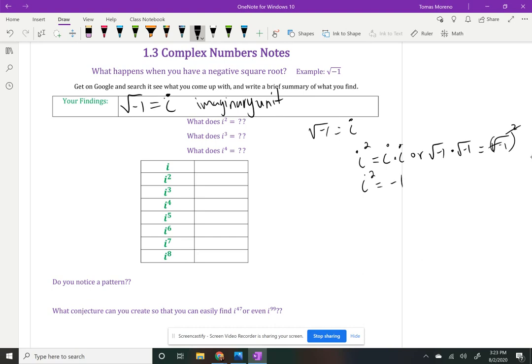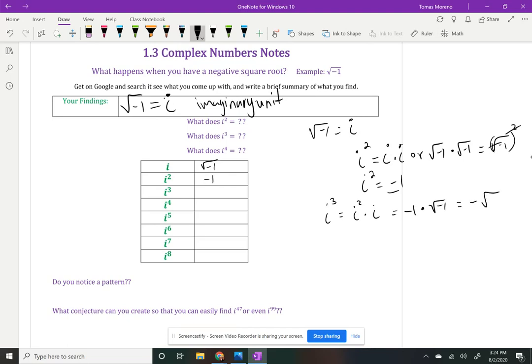So that means we have the square root of -1 equals i, and i squared is -1. So then what is i to the third? Well, we already know i squared is just -1 times i. So that means it's -1 times i. So what's -1 times the square root of -1?